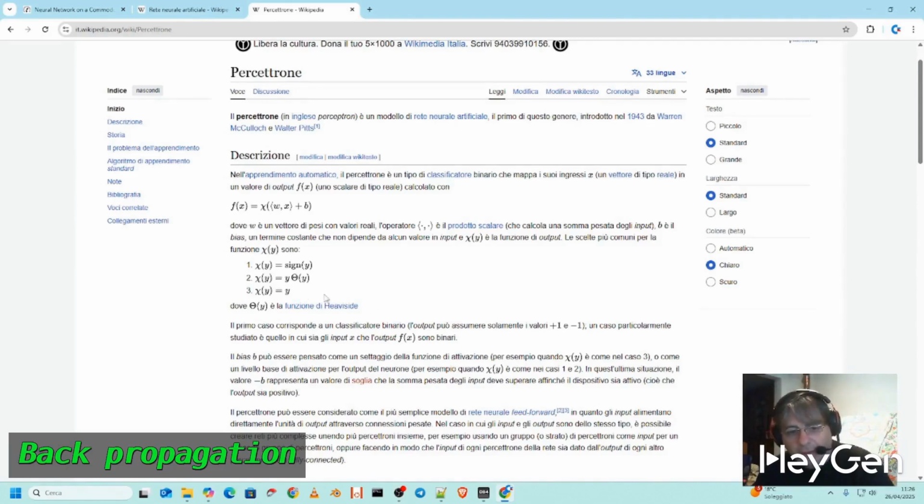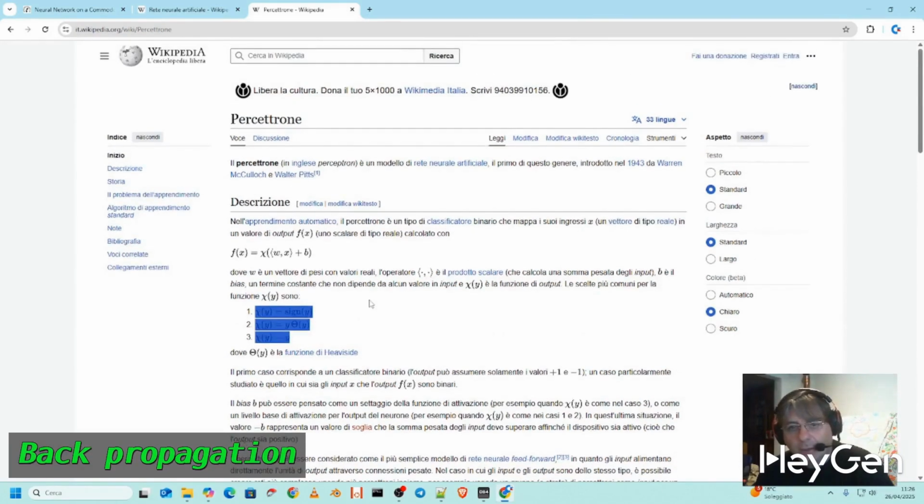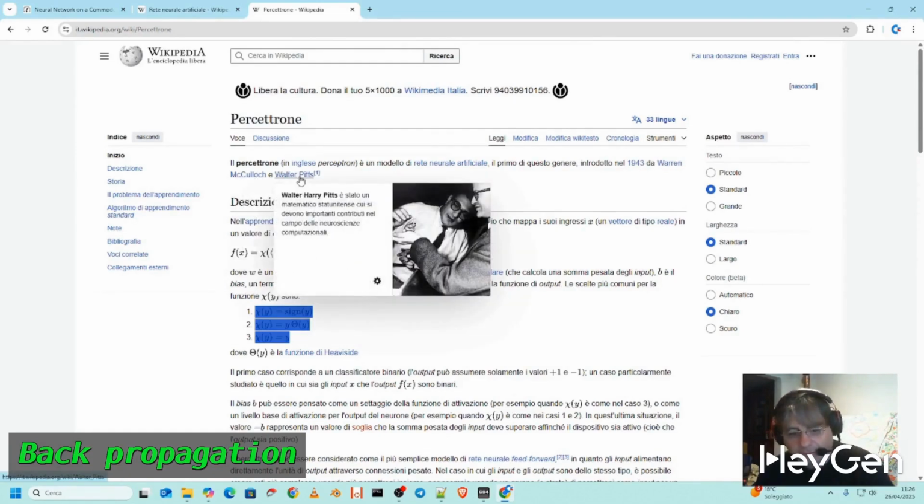Anyway, essentially this was the application made. On the Commodore 64 too, it managed to simulate a perceptron, precisely a model of an artificial neural network, the first of its kind introduced by, as I was telling you, McCulloch and Pitts.